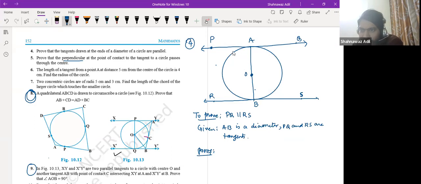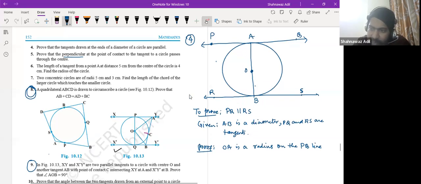So let's assume OA is a radius on this PQ line, right?